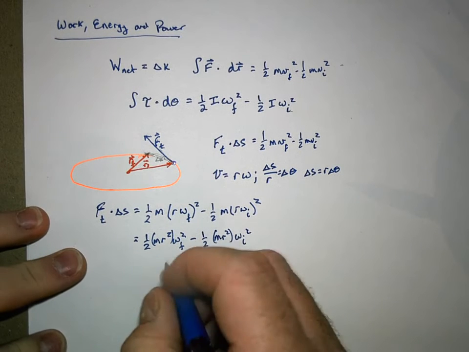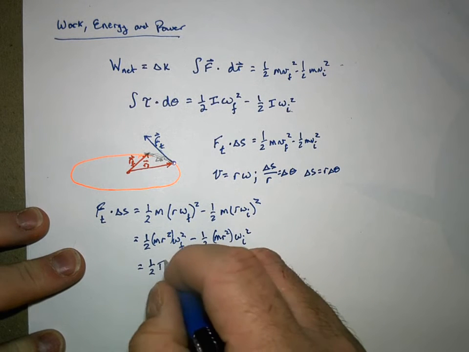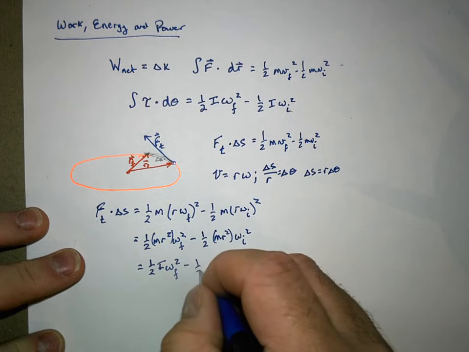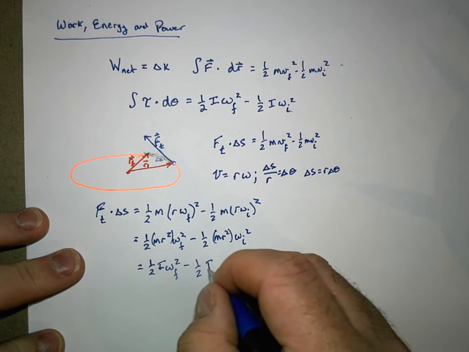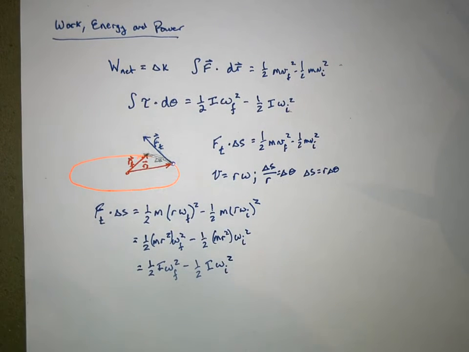And so from this we get 1/2 I omega final squared minus 1/2 I omega initial squared. And there you have it. That is our work energy theorem.